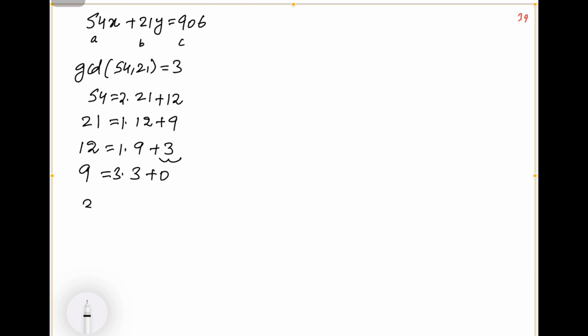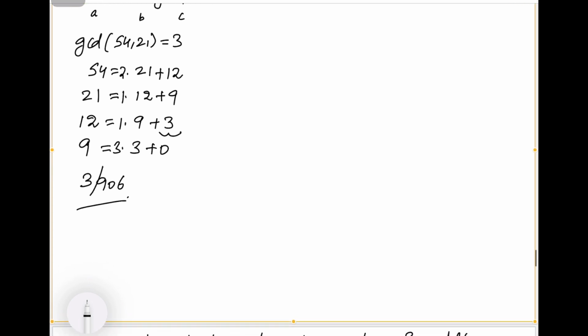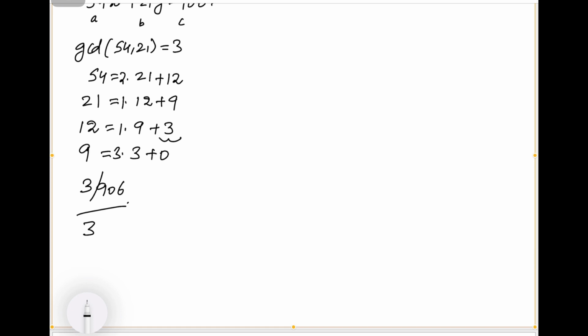And clearly 3 divides 906, which means the given Diophantine equation is solvable. Now we use back substitution, expressing 3 as a linear combination of 54 and 21. Firstly, we have 3 is equal to 12 minus 1 into 9.